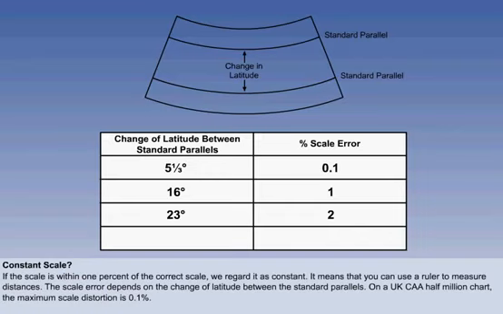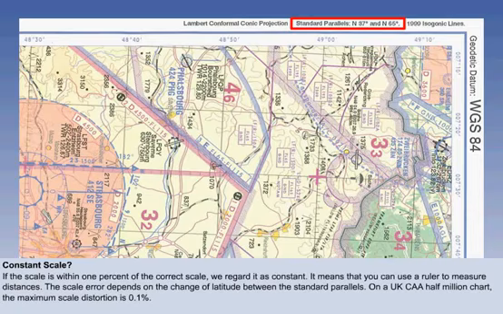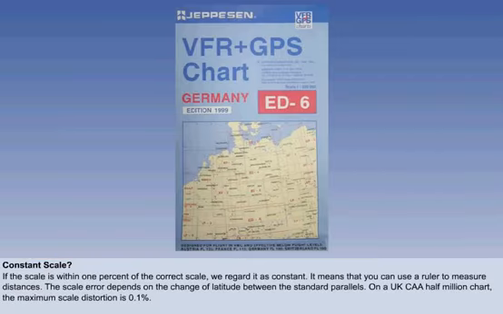Once we get to a larger separation of latitude between the standard parallels, the scale distortion increases. 28 degrees between the standard parallels also has a significance for us. The Jeppesen series, which includes the ED6, uses standard parallels of 37 north and 65 north. They use these for the whole of Europe.